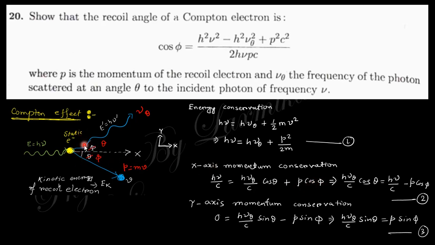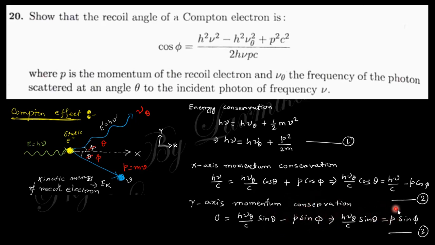Along the y direction, we get h nu theta by c sin theta with a negative sign, equal to p sin phi.